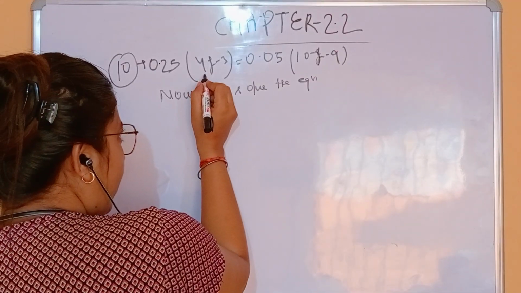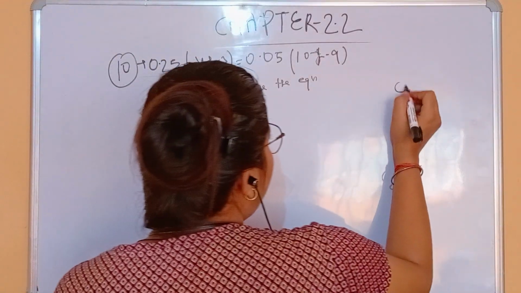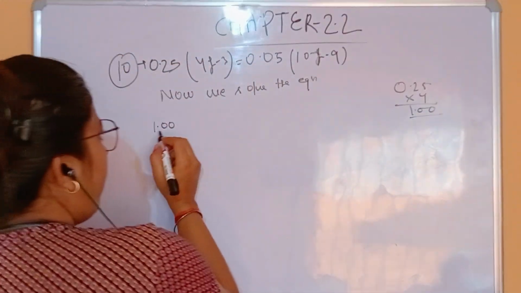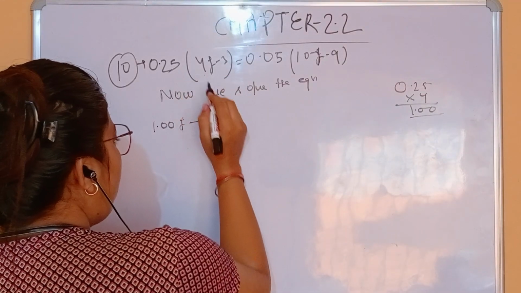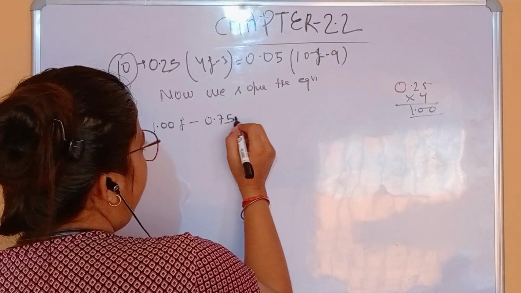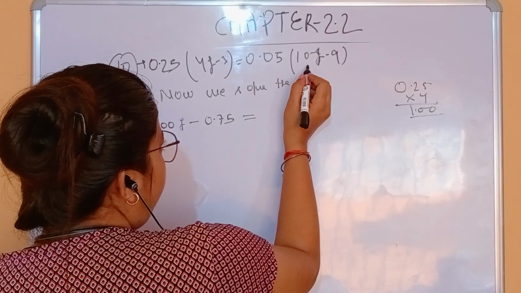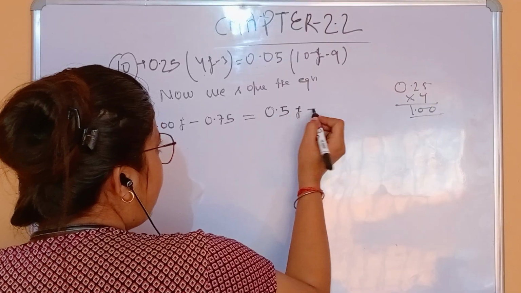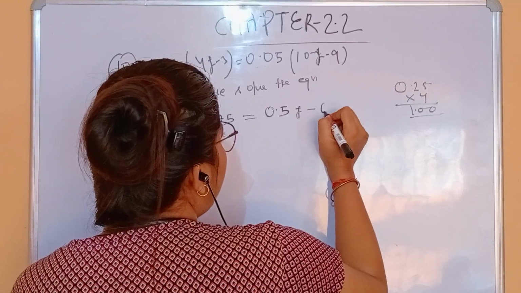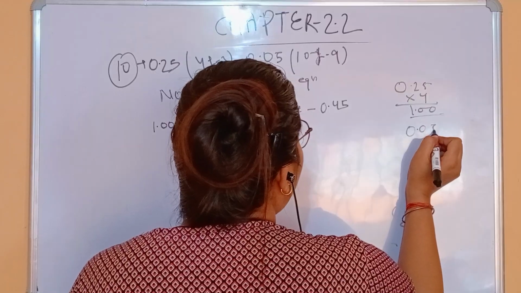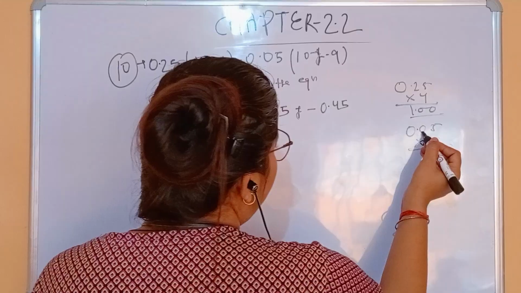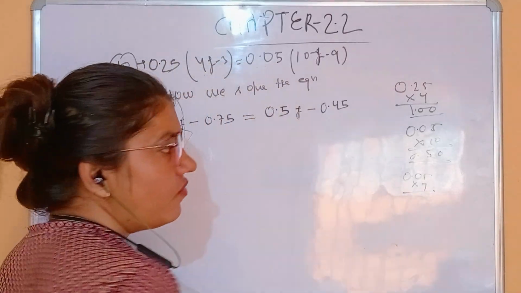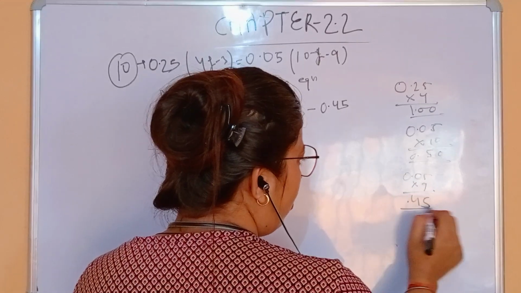Multiplying by 4, 0.25 times 4 gives 1.00, since 4 fives are 20 and 4 twos are 8, so 100 with the decimal point, 1.00f. Minus 3 times 0.25 is 0.75. Equals 0.05 times 10f, which is 0.5f, minus 0.05 times 9, which is 0.45, since 9 fives are 45 and with two decimal places we write 0.45.